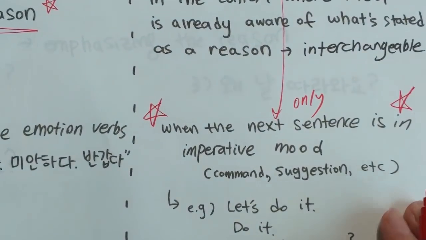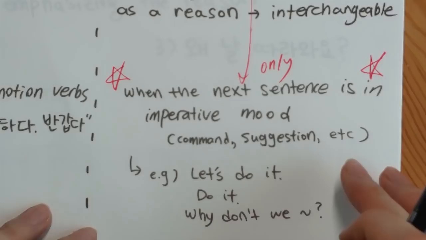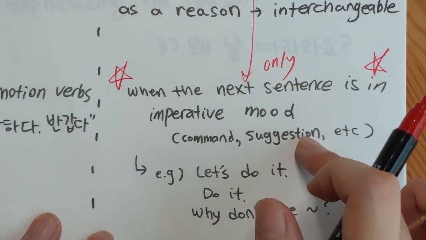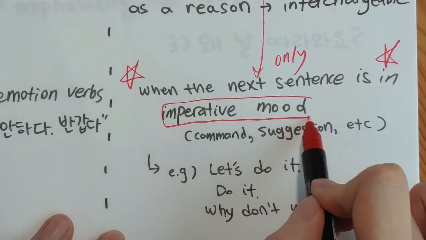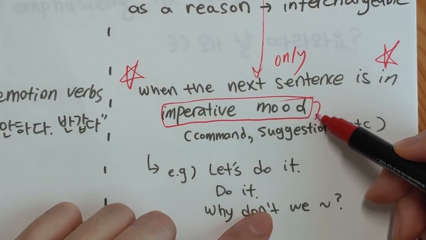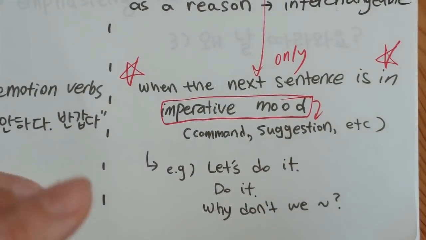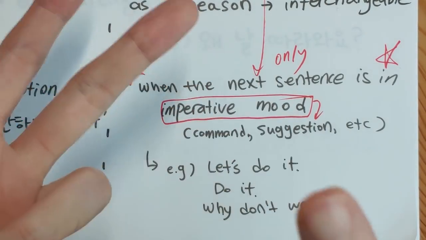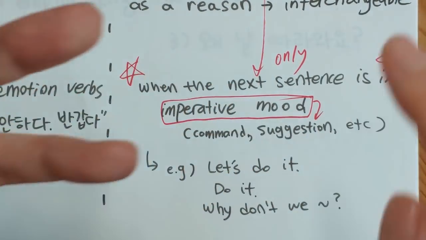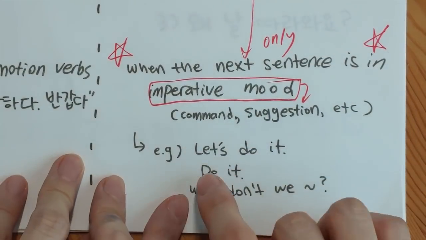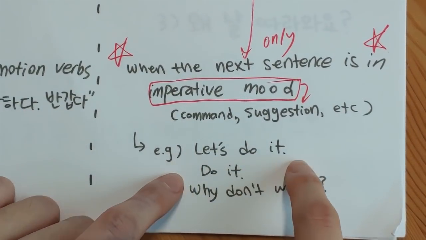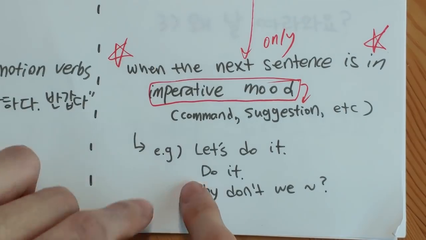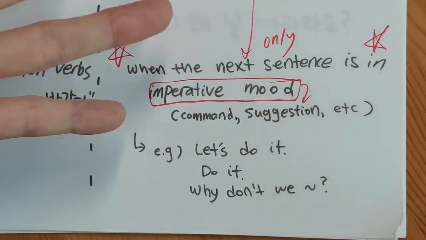And that's when the next sentence is in imperative mood. So this is a grammatical term that refers to a sentence that's making like suggestion, advice, recommendation, or commanding other people to do something. So sentences like, let's do it, or do it, or why don't we do it?